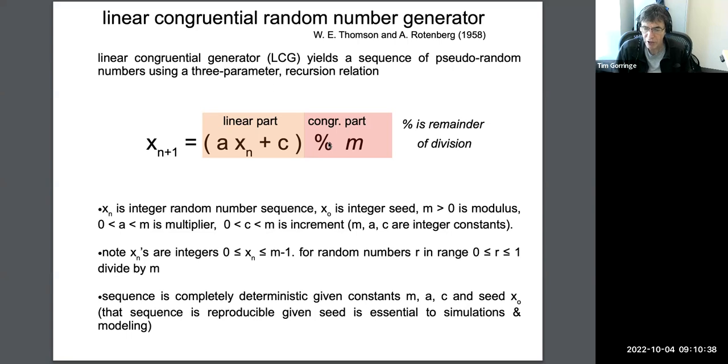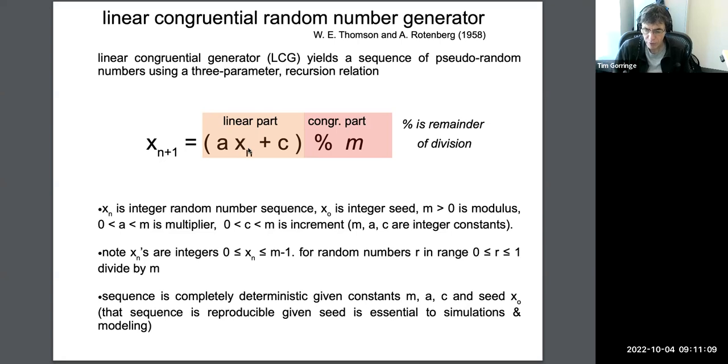We'll start with an x naught, and then calculate an x1, an x2, an x3, and so on and so forth. The equation tells us how to calculate the stream of random numbers from a starting or seed number. Specifically, it tells us how to calculate x subscript n plus 1 from x subscript n.